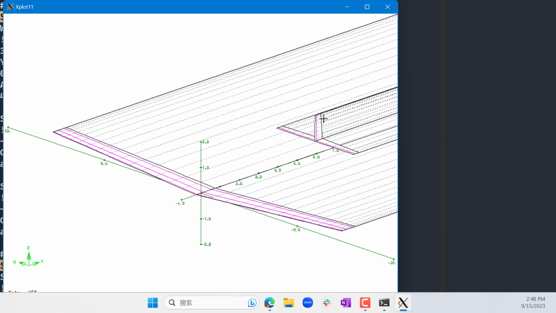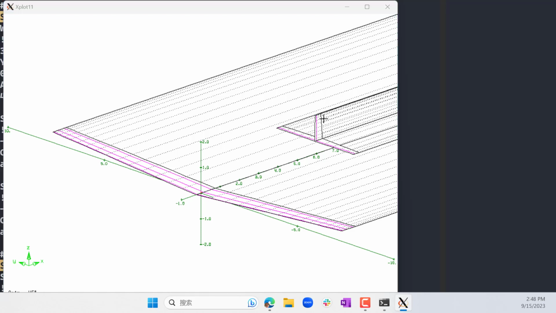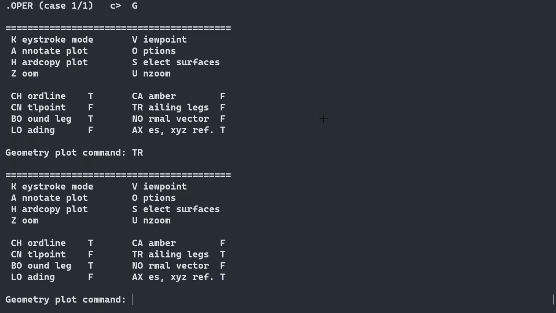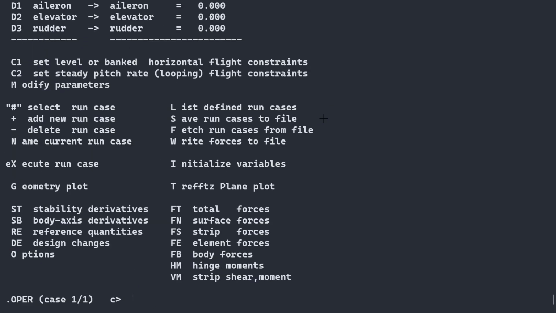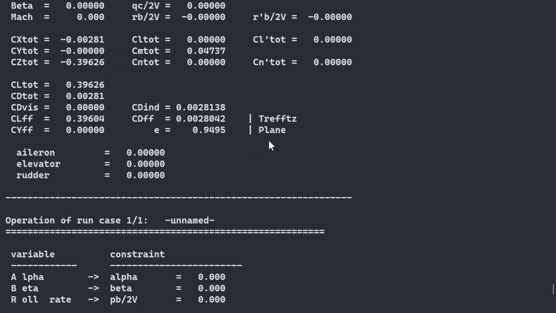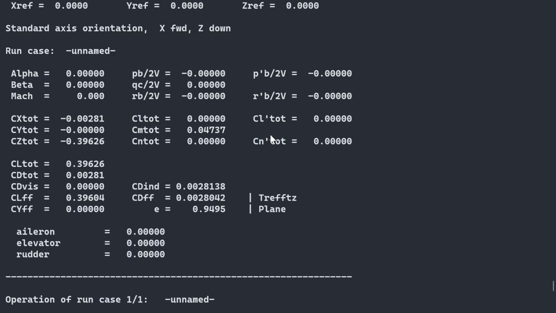Does increasing the number of vortices increase the accuracy of the calculation? Increases the accuracy, right? So for example, one of the things you can check is that when you type X, it computes a bunch of stuff, right? And two of the things it computes are CL, the lift coefficient of the entire airplane, and it also computes a CL far field.